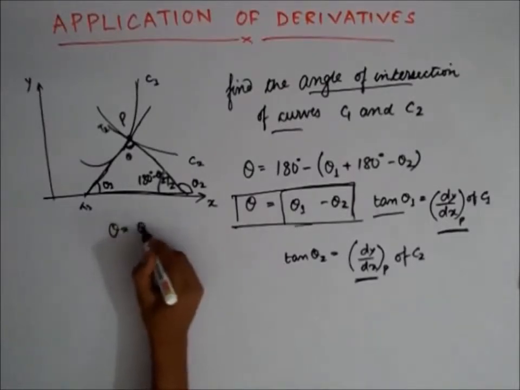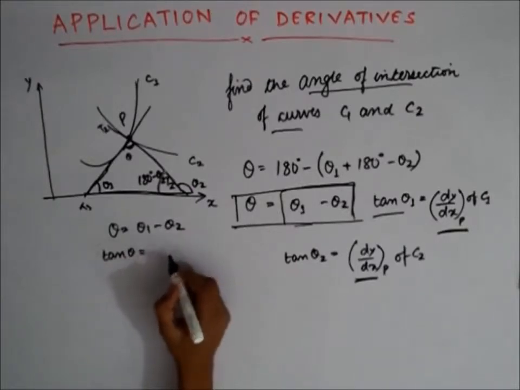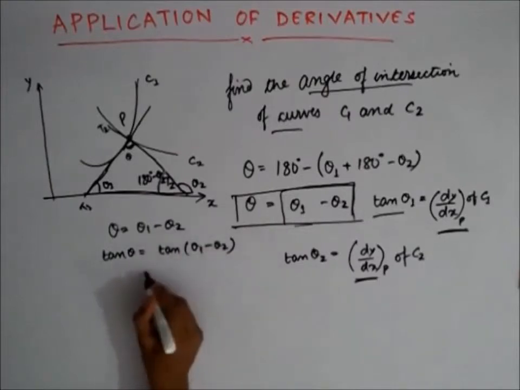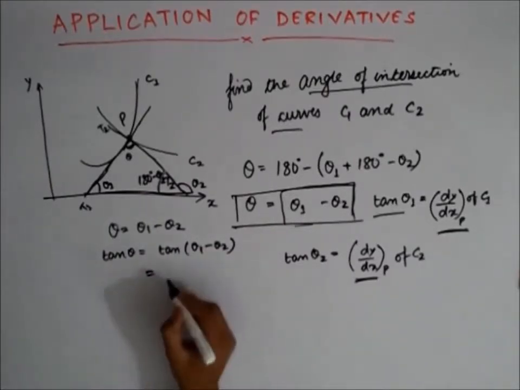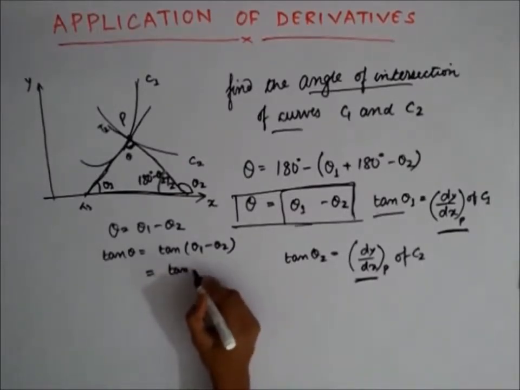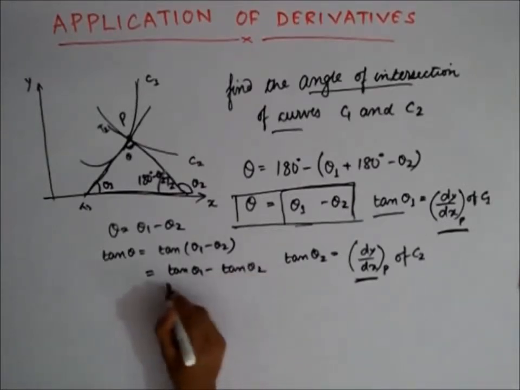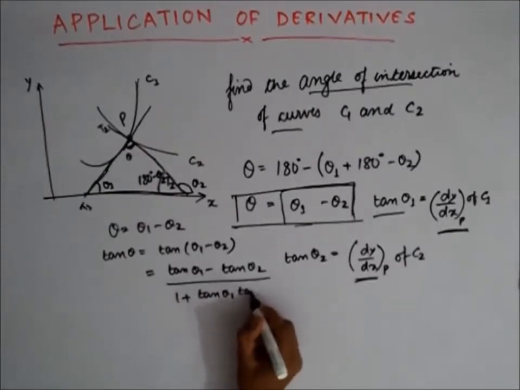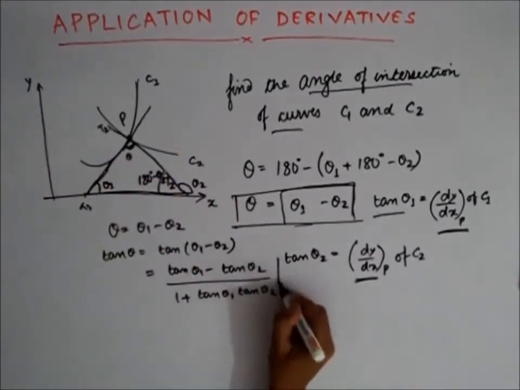Given that I know these two values, let's proceed. You know theta is theta 1 minus theta 2. So tan of theta is, if you have an idea of basic trigonometry, you know that tan of theta 1 minus theta 2 is tan theta 1 minus tan theta 2 divided by 1 plus tan theta 1 tan theta 2. Now in this case, since we are dealing with the acute angle formed between the two curves, I'll put a mod sign here.